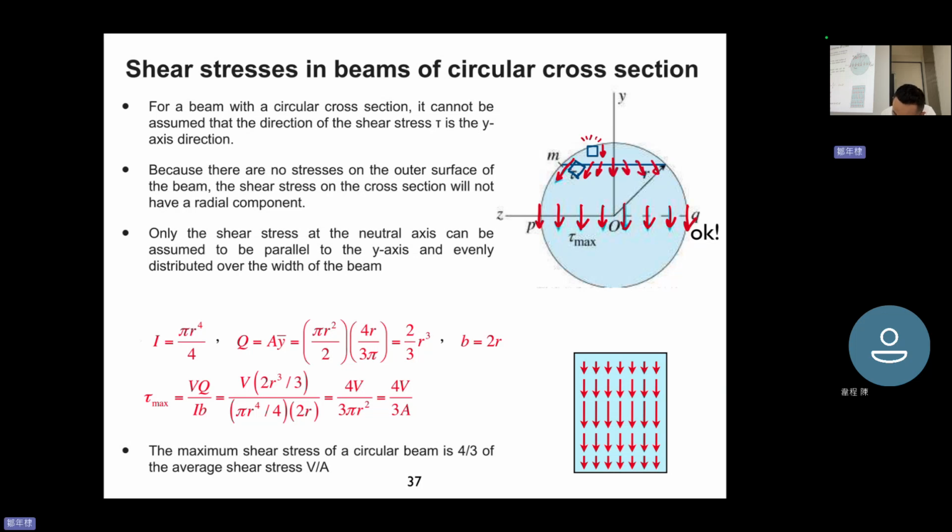So you can imagine that actually this force, this stress element, stress is actually like water. You pour down your water and then it flows like this.